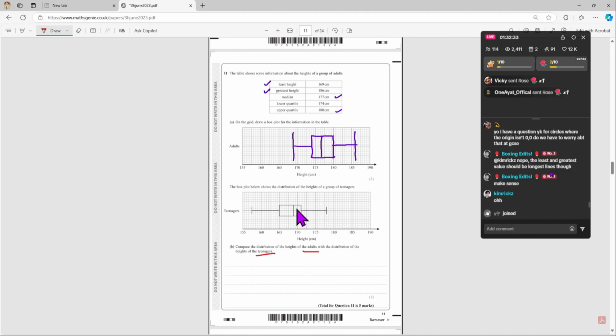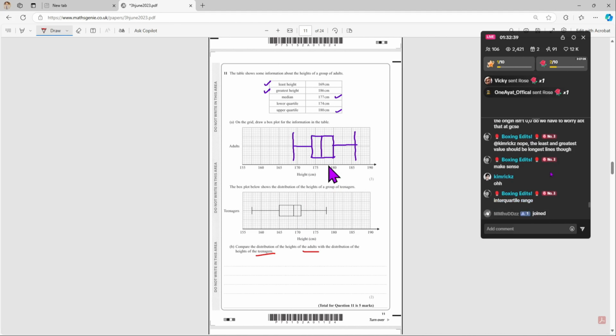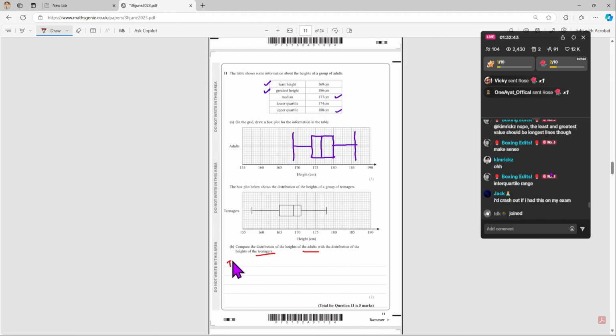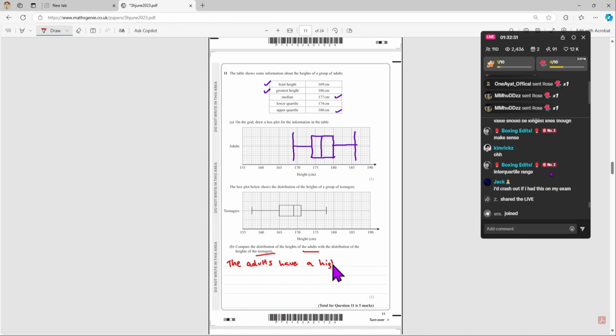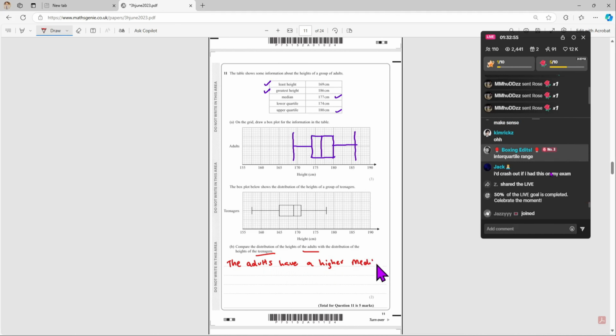So we can easily, first of all, find out that the adults have a greater median height. So we can write that over here: the adults have a higher median height. We can first of all write that because that's easy to spot.